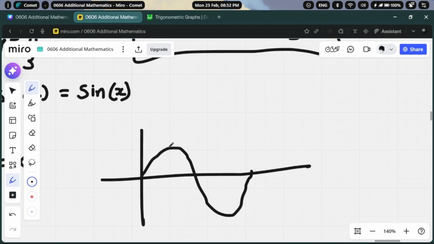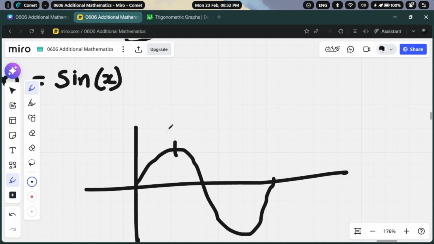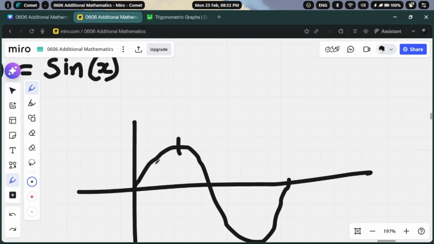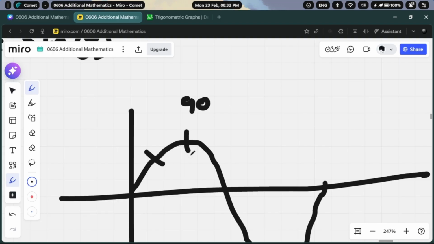Now we know that this is 90 degrees, which is pi over 2. Now half of pi over 2, which is 45 degrees, would lie around here. It's going to be a bit greater than that, so kind of like over here.